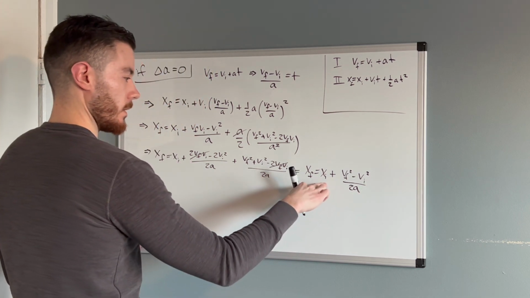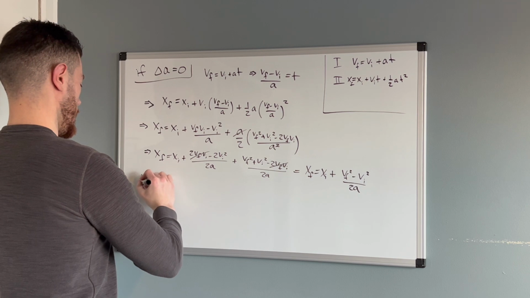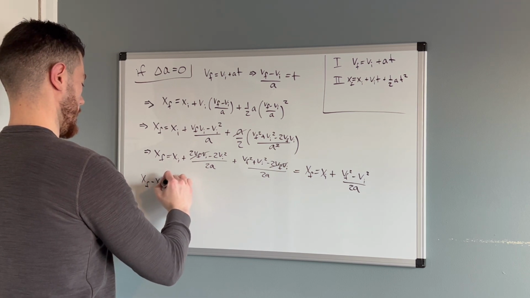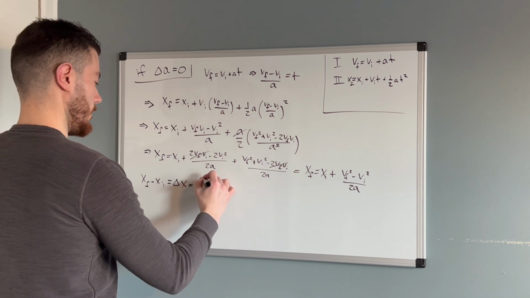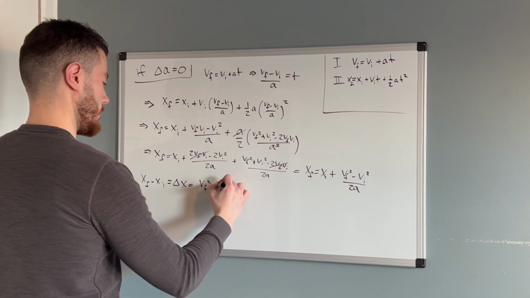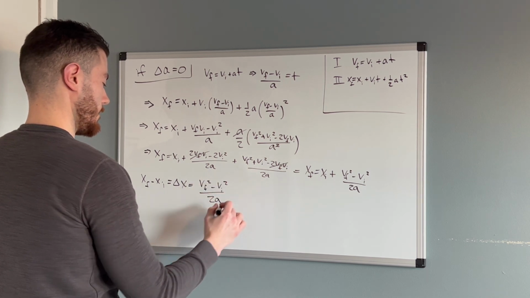Okay, let us subtract xi from both sides. Xf minus xi equals delta x equals vf squared minus vi squared over 2a.